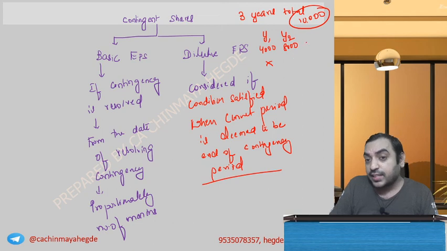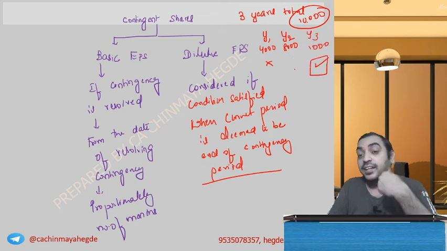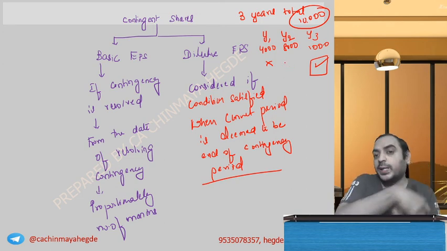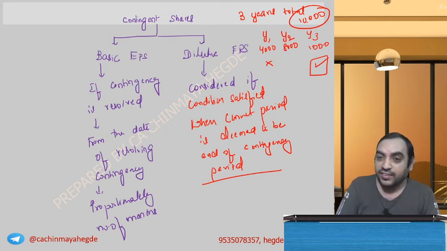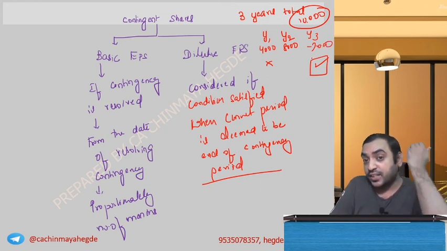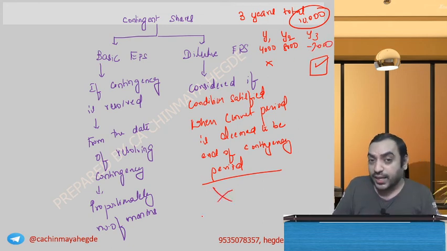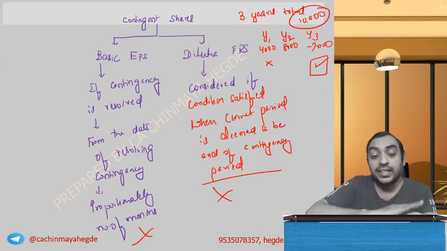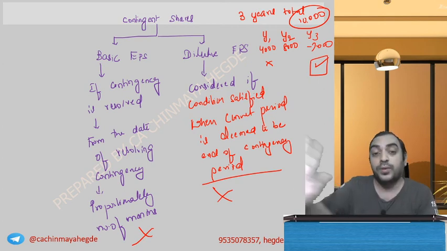Year 3, let's say you made a profit of 1,000 more, contingency resolved. Year 3, don't take it in diluted EPS, take it in basic EPS. Are you clear? Suppose you make a loss of 7,000 and the 3-year condition at the end of the third year is not satisfied, you don't take it in diluted, you don't take it in basic. So you consider basic when the contingency is completely resolved and the shares are issuable.